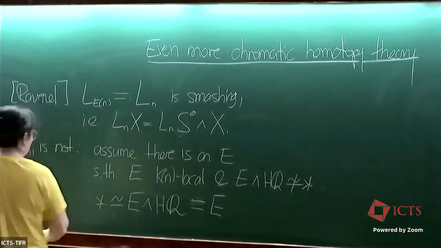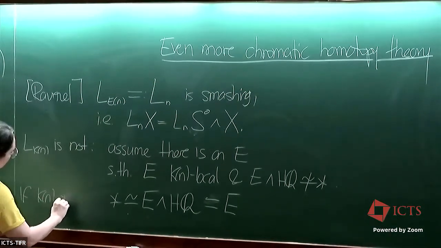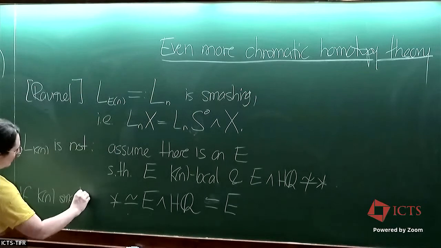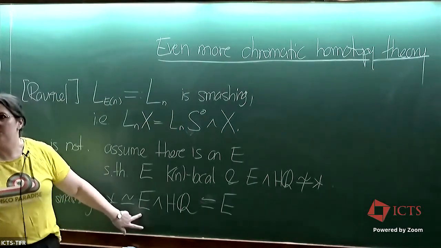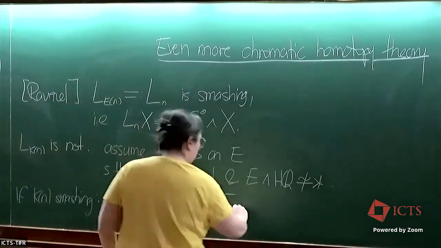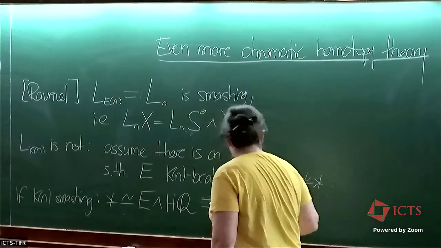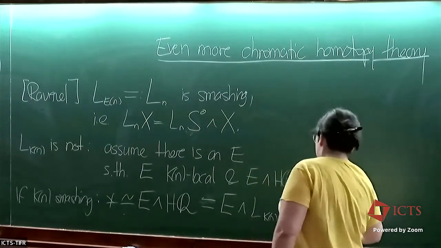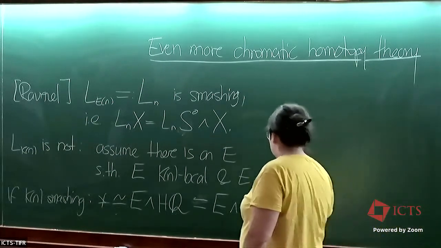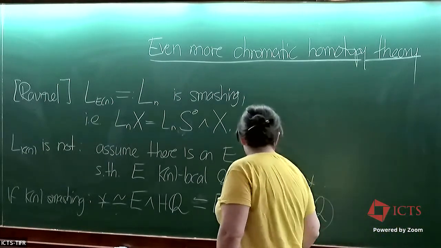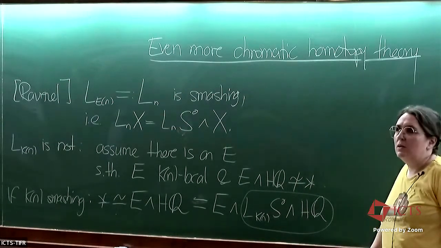And if I assume that Kn localization was smashing, then I can replace E with E smash the Kn local sphere and it wouldn't change anything. And I still have to carry that HQ around. And now, if we just look at these two together, that's actually trivial.